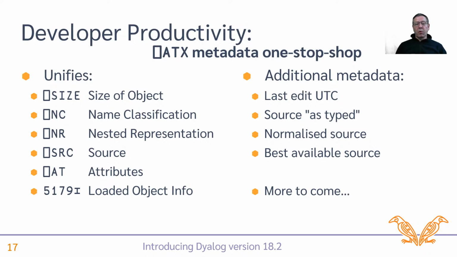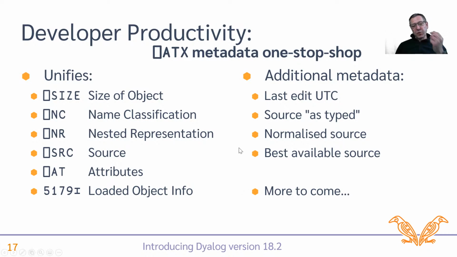Quad80X in version 18.2 is just the beginning. There are many more types of metadata that we're going to be adding to Quad80X. If you have something you're missing, please let us know.